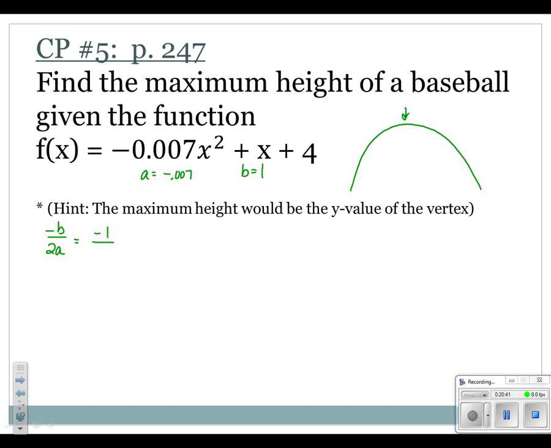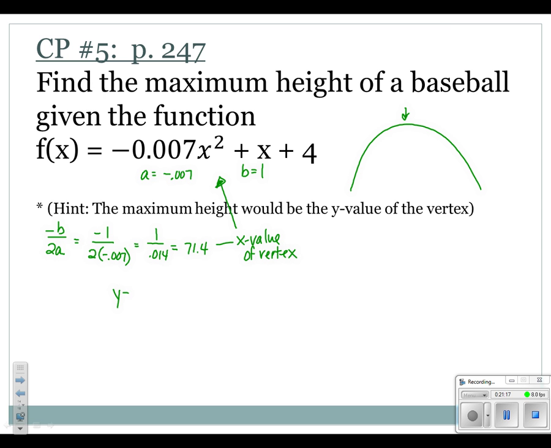So -1 over 2 times -0.007. Punching that in, we get roughly 1 over 0.014, which rounded off is about 71.4. Now that's my x value.